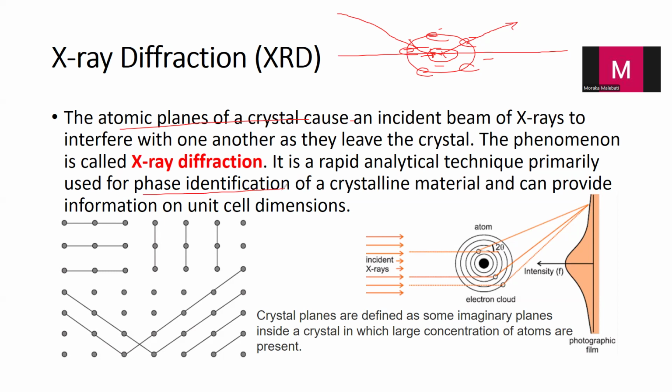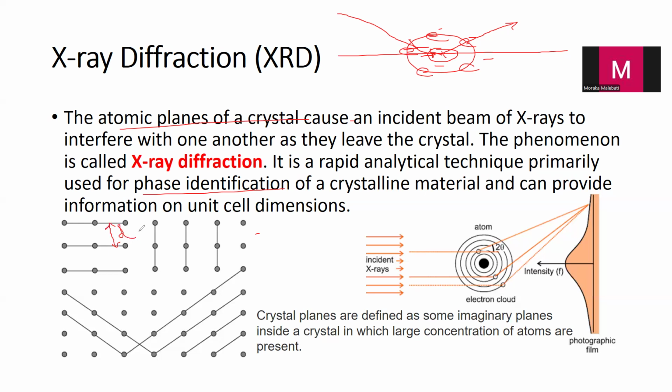This diagram is just to make you visualize that these black or gray dots are atoms, and then we have the planes. We're going to look at this space over here, which we call distance d.